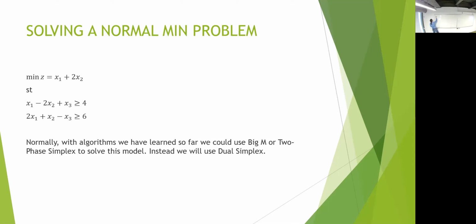We have min z is equal to x1 plus 2x2, subject to x1 minus 2x2 plus x3 greater than or equal to 4, and 2x1 plus x2 minus x3 greater than or equal to 6.